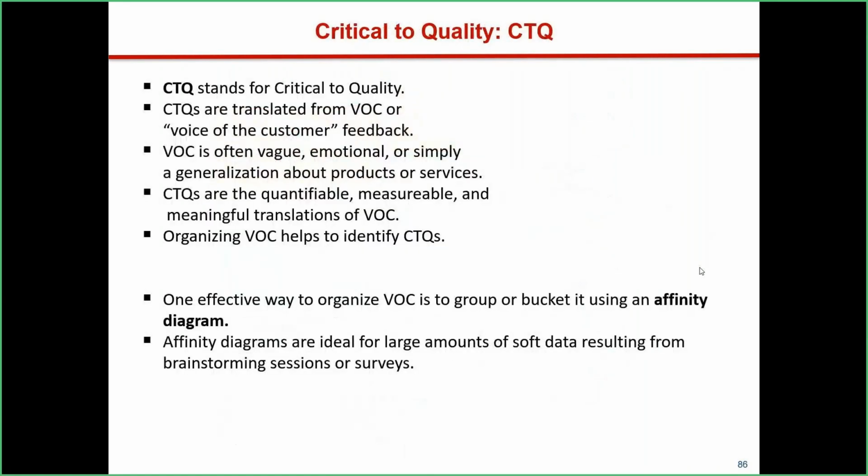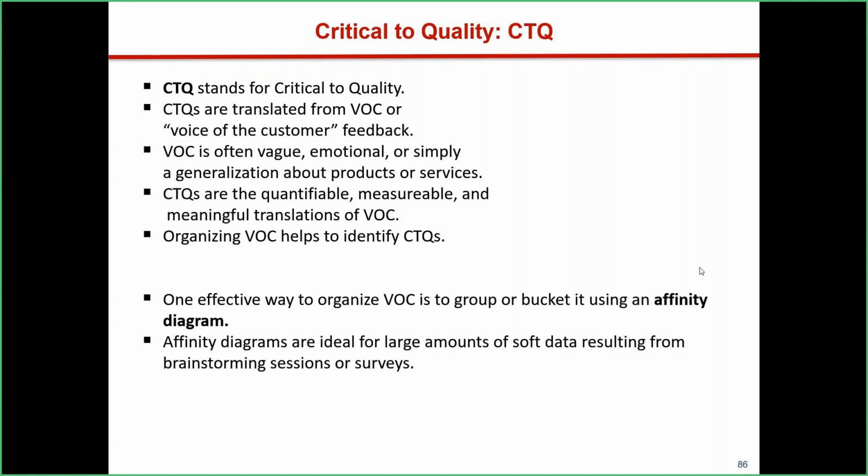So CTQ stands for critical to quality, and CTQs are translated from VOC, voice of customer feedback. VOC is often vague, emotional, or simply a generalization about products or services. CTQs are quantifiable, measurable, and meaningful translations of VOC. Organizing VOC helps to identify CTQ.